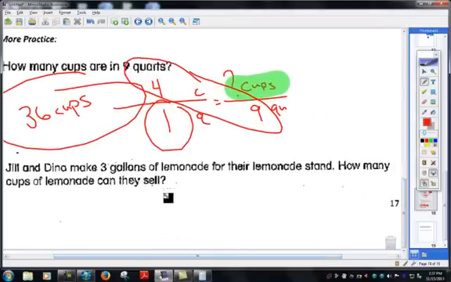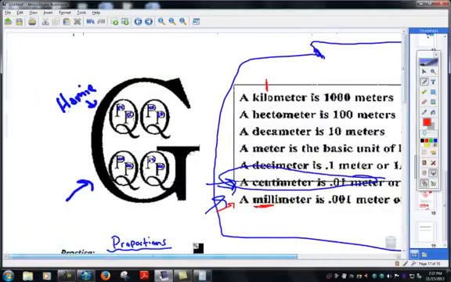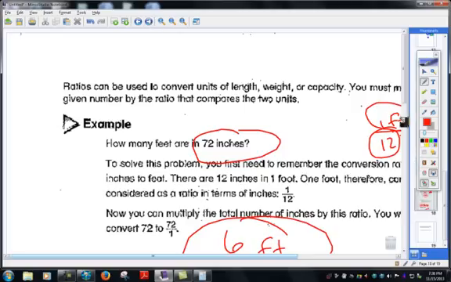Jill and Dina make 3 gallons of lemonade for their lemonade stand. How many cups is that? So now we're comparing 3 gallons to cups. Remember, we need to go back to the big G and figure out how many cups are in a gallon. 1, 2, 3, 4, 5, 6, 7, 8, 9, 10, 11, 12, 13, 14, 15, 16. 16 cups in each gallon.